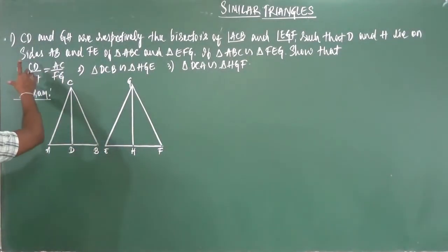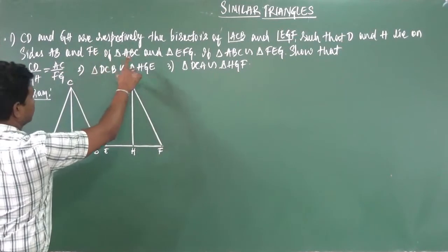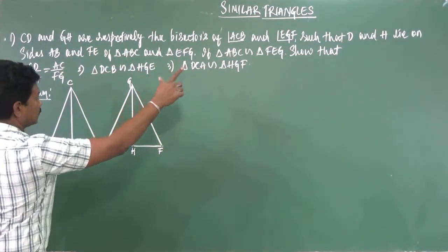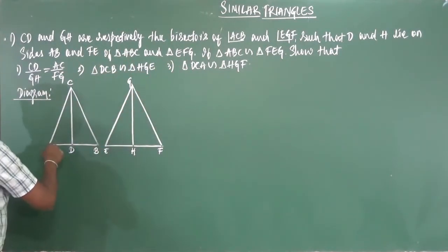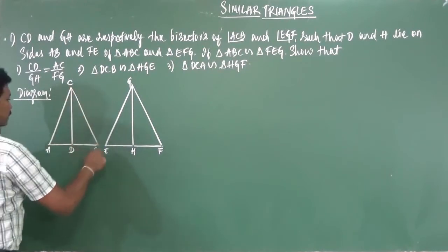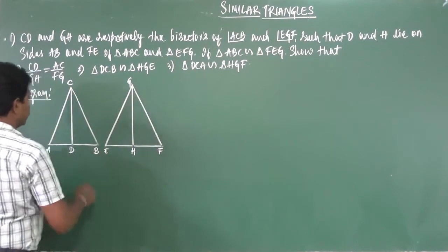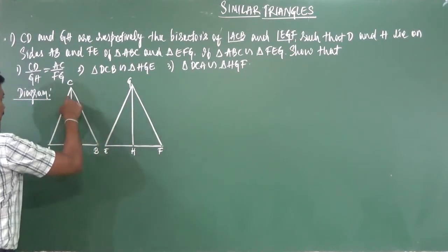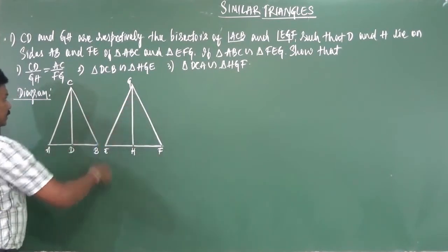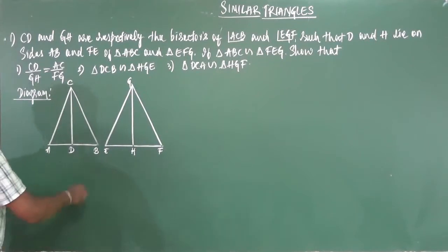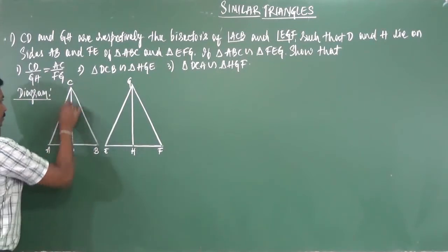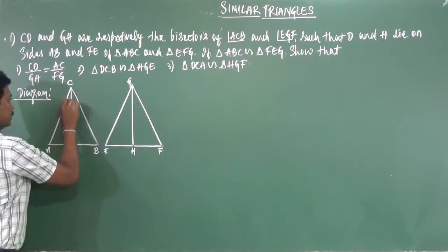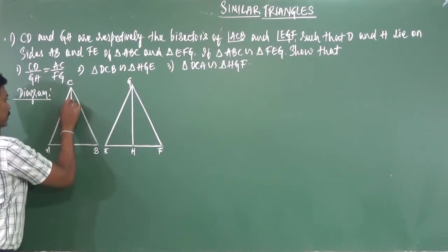CD and GH are respectively the bisectors of angle ACB and angle EGF. So this is angle ACB and this is angle EGF. Here CD and GH bisect angle C and angle G respectively. If the line CD bisects angle C, then this part of the angle will be equal to this part.